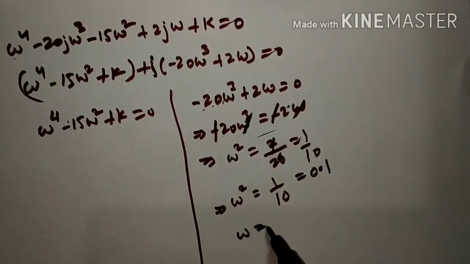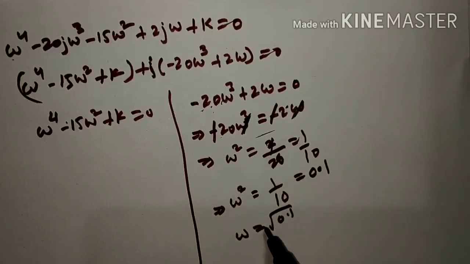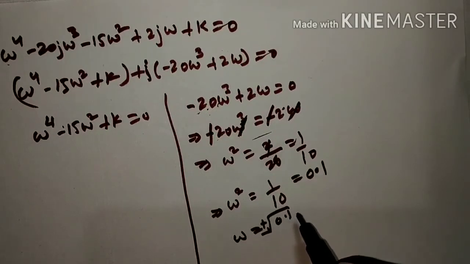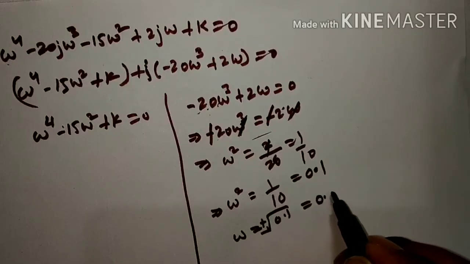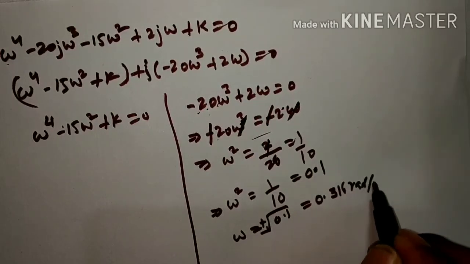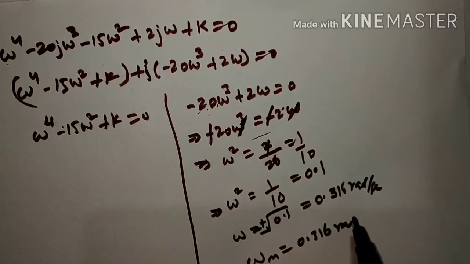So omega is equal to plus or minus root 0.1. How much value do we get? Around 0.316. So omega n is 0.316 radians per second.